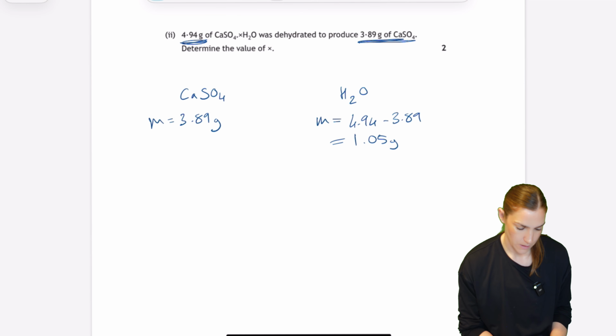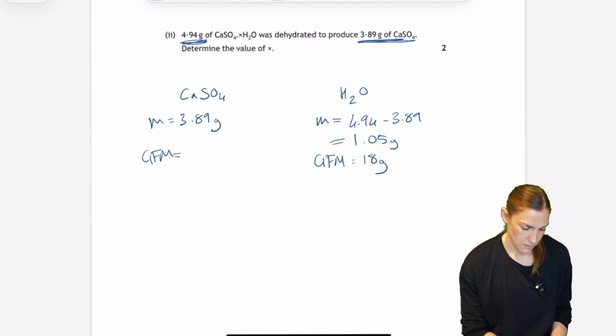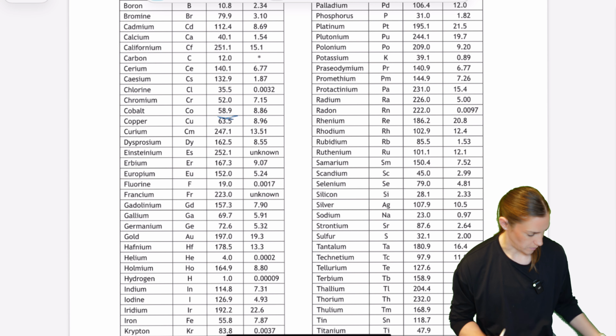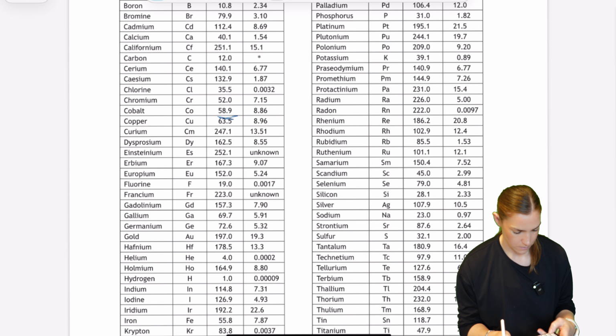1.05 grams. We work out our GFMs. Calcium is 40.1. Sulfur is 32.1. And oxygen, we all probably know, is 16.